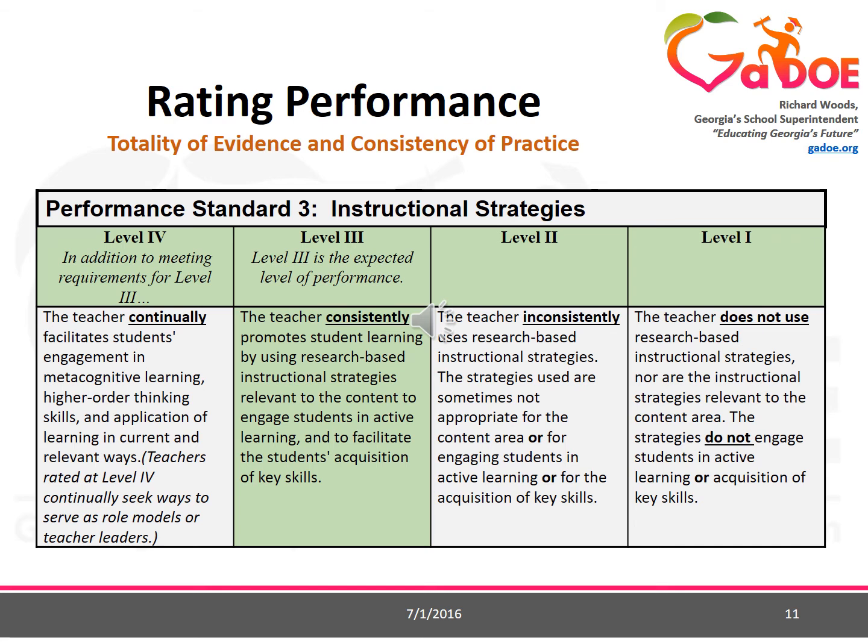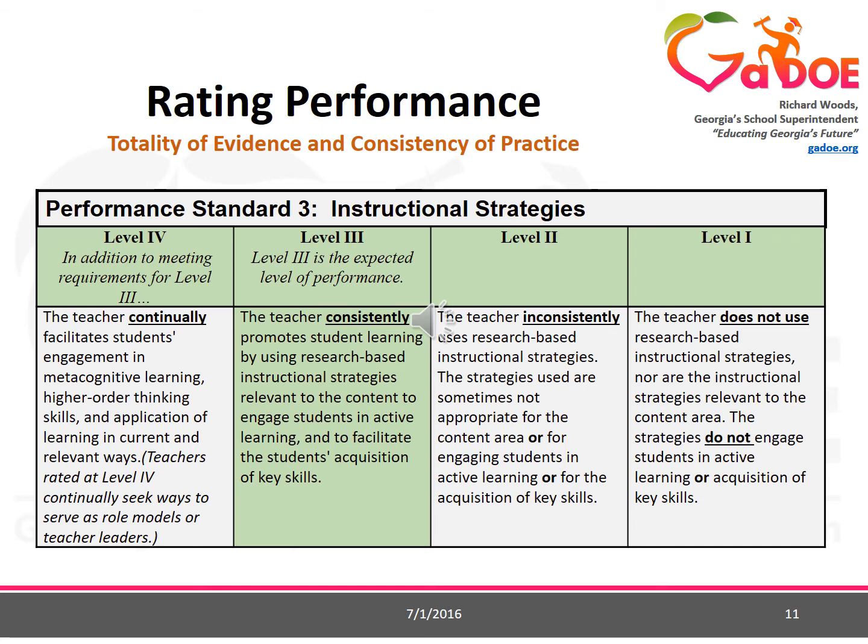So if you'll notice in each one of the levels, there's an underlined word or phrase. On level 3, that underlined word is consistently. That means that more often than not, probably 8 out of 10 times that they come into your classroom, the administrators will see you performing the tasks that are associated with that rubric.